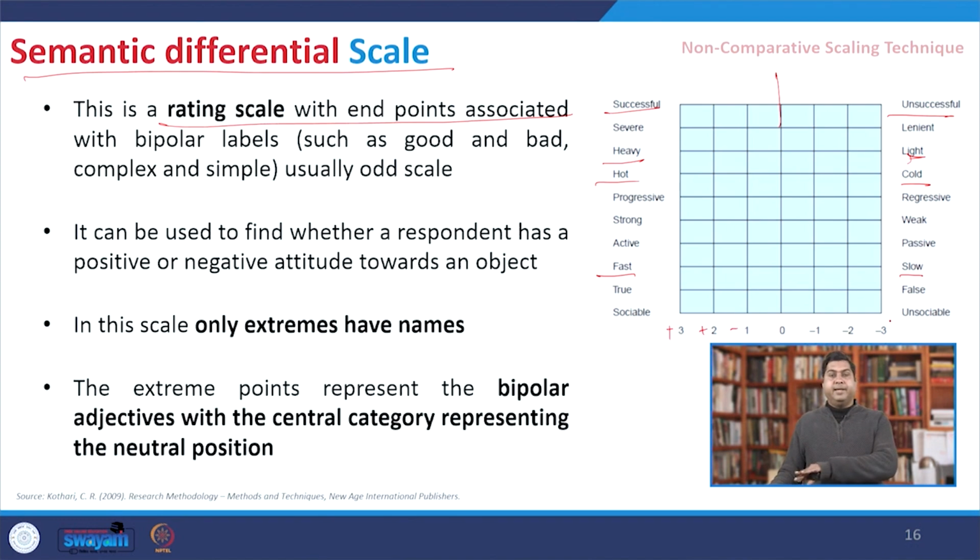It is again a 7-point scale where you have two poles opposite to each other, and here we are defining the number. We are not really giving any kind of description in between of what plus 2 represents.